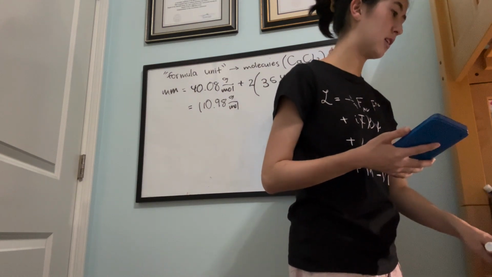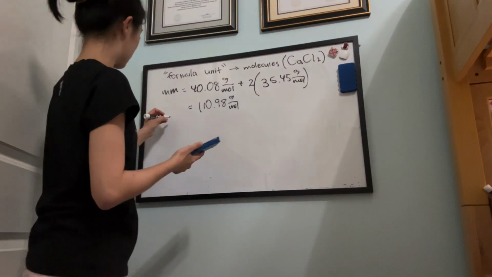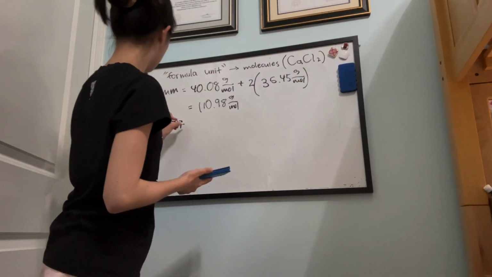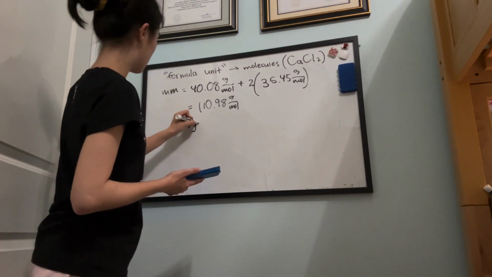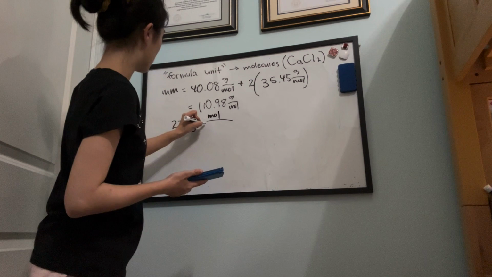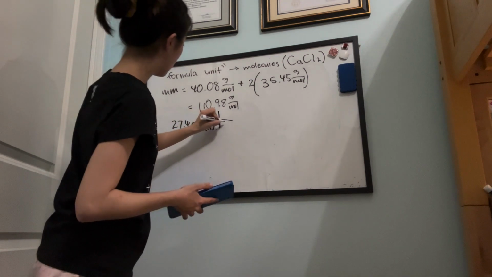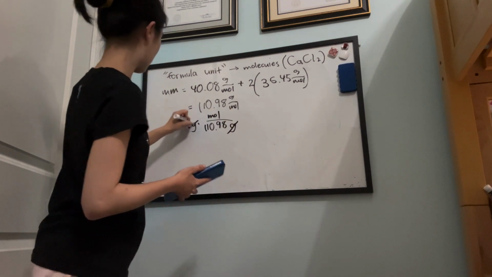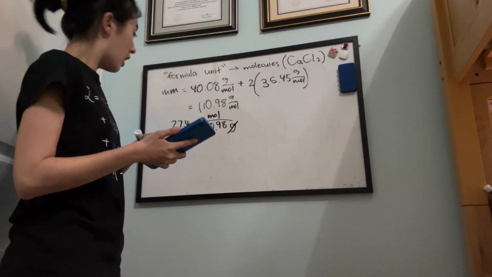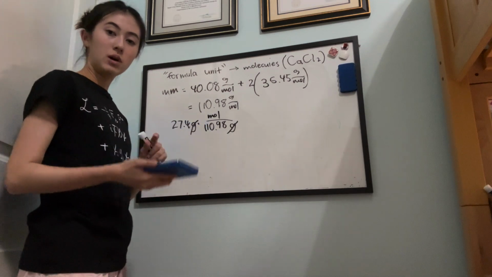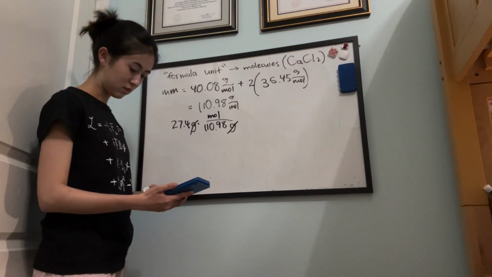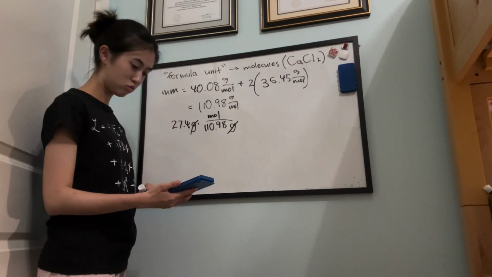So then we have that, and then we have our sample. Our sample consists of 27.4 grams. I'm going to make sure not to copy this down wrong. So we divide that by the molar mass, putting moles on top to cancel out grams: 27.4 divided by 110.98.